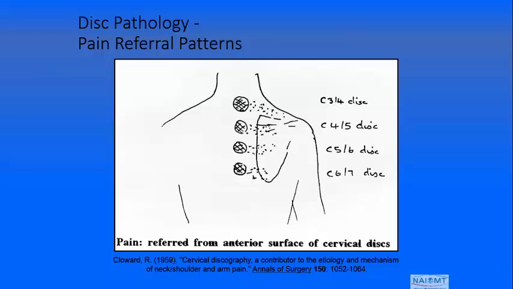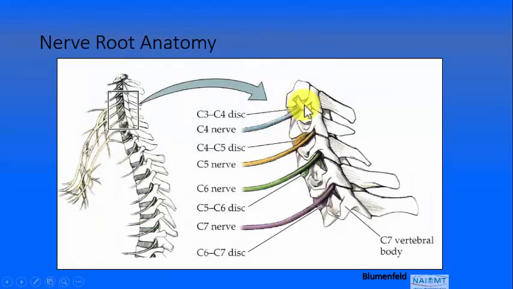With provocative discography done in the 50s by Cloward, we see that the discs refer in these approximate areas. If we look at the discs in relation to the exiting nerve roots, we see that our nerve roots exit right at the level of the disc, and they exit in a horizontal fashion.